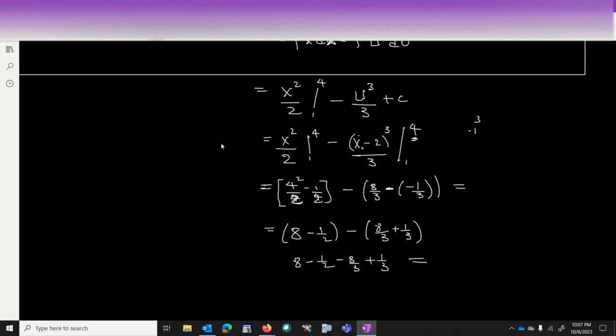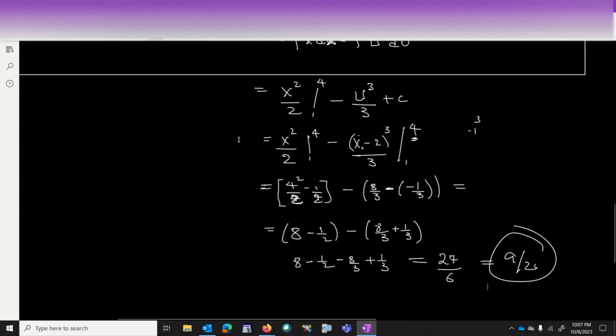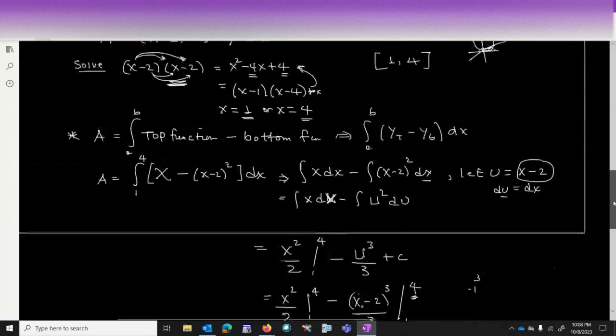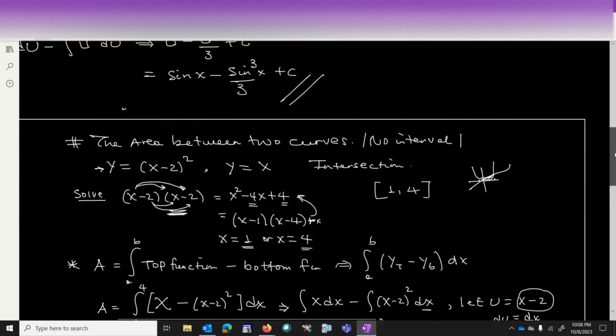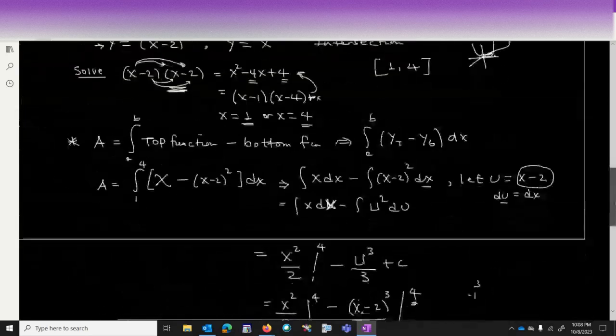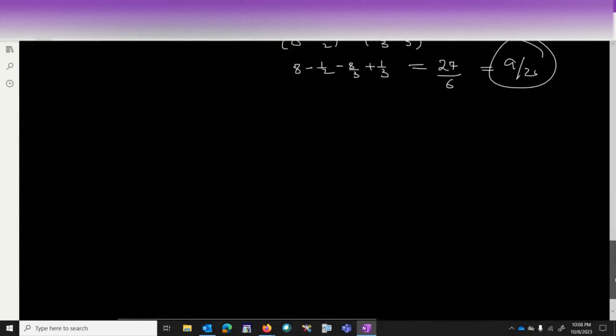If you take a common denominator of 6, this is going to be 27 over 6, which is equivalent to 9 over 2. So that will be the last answer, and that's the area between the two curves, y equals (x minus 2) squared and y equals x.